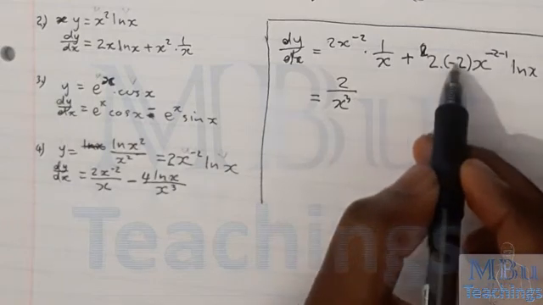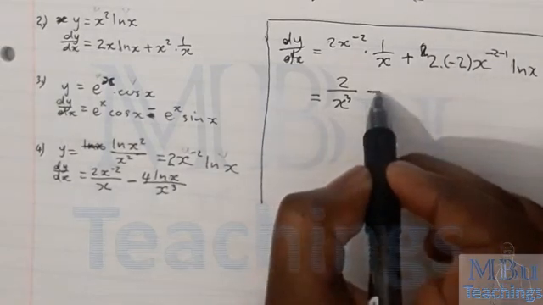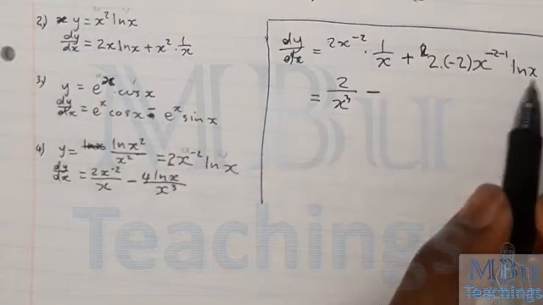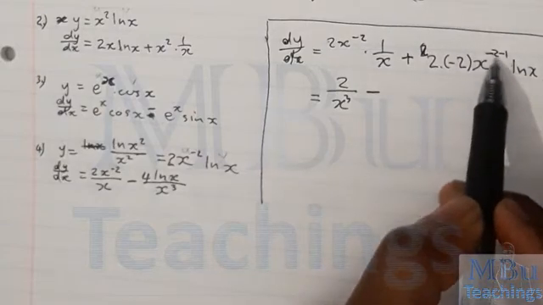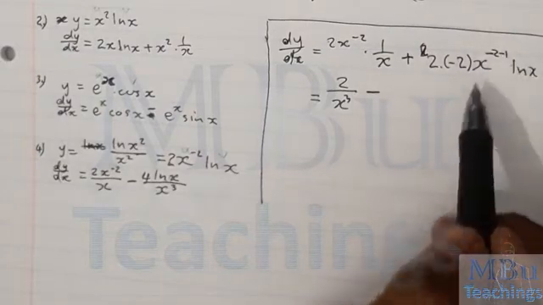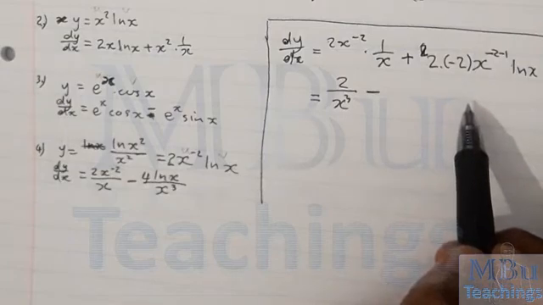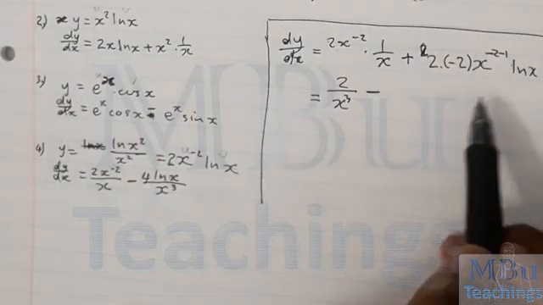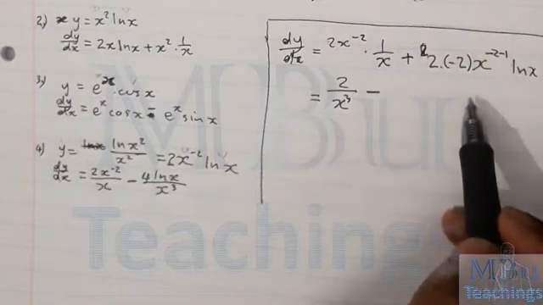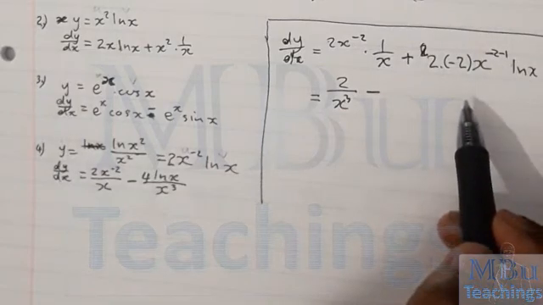Then positive times a negative, obviously it's a negative. Now this is to the power minus 3. So when it comes underneath the line, it will be positive 3.